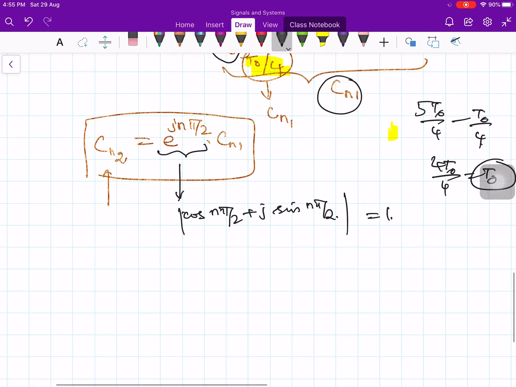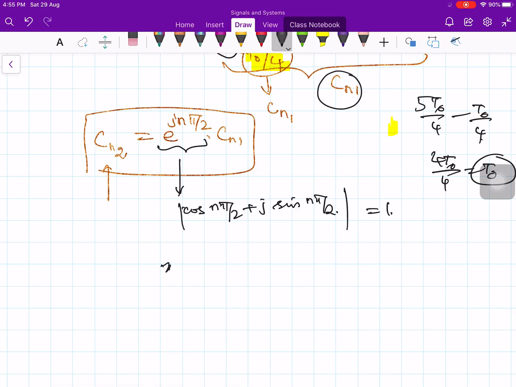Okay, so x2 of t is equal to the time advanced version of x1 of t by t naught by 4, and its Fourier series coefficient Cn2 is equal to Cn1 times e to the j n pi by 2.